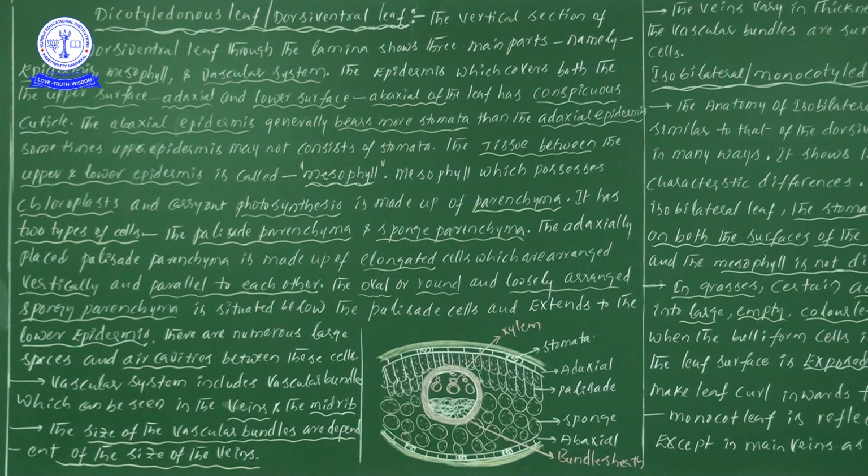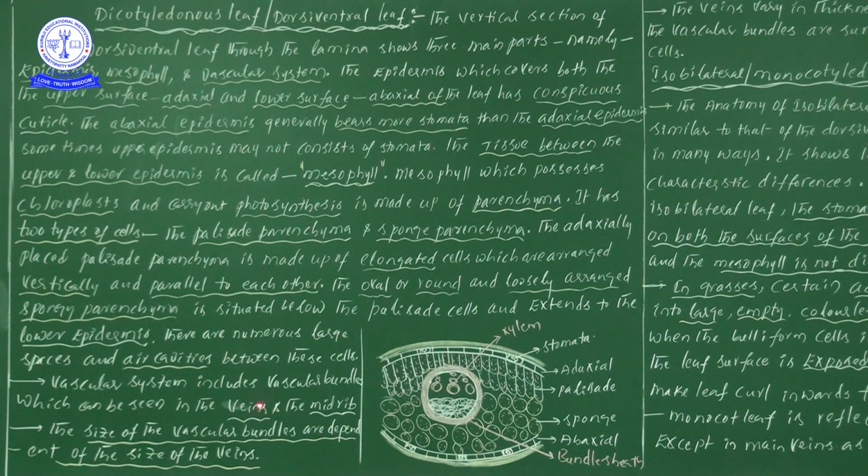So in a dicot or dorsiventral leaf, the vein arrangement is reticulate venation. After the midrib, it is subdivided into veins and veinlets. We have learned this in the morphology chapter.